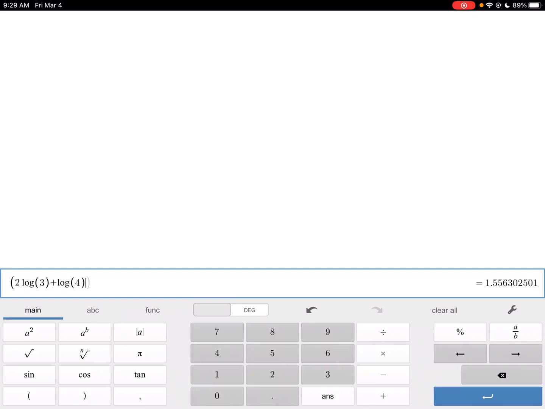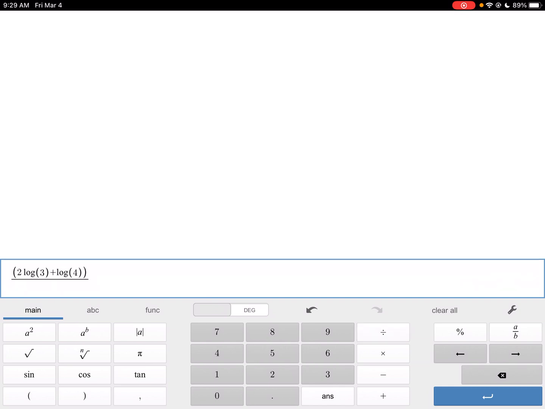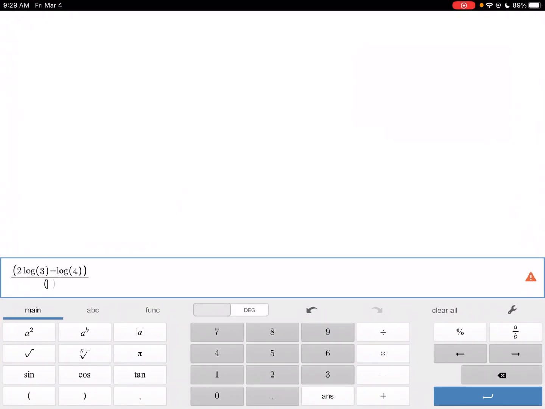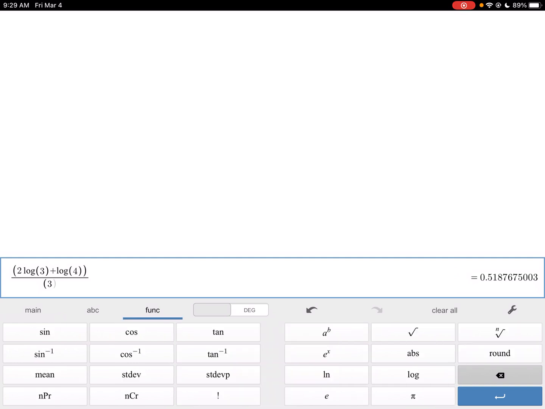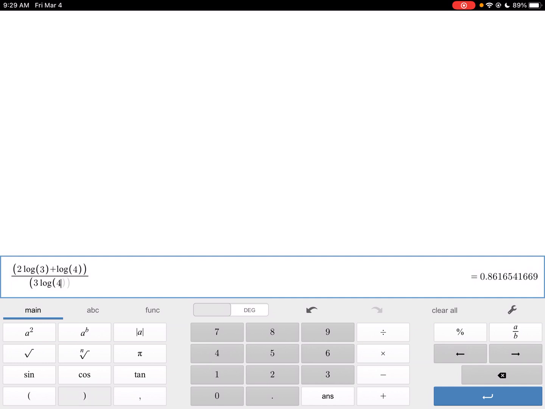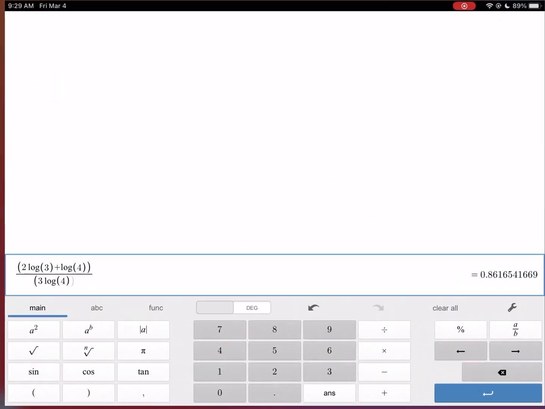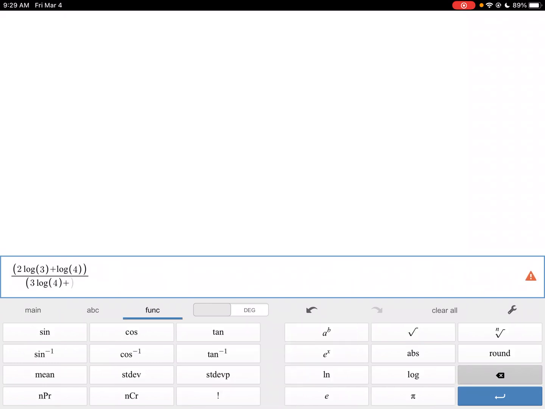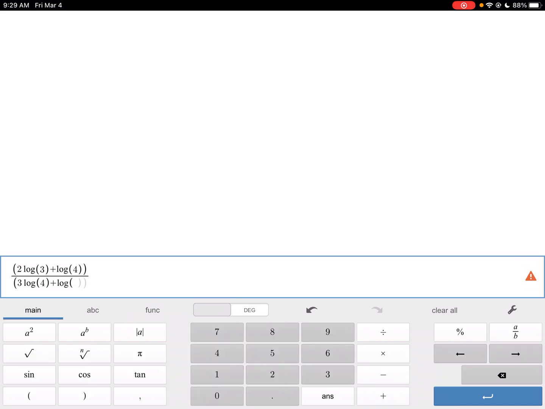And then I'll close that parenthesis. And I'll divide that by, and I got 2 terms, so I'll use parentheses there. I'm going to go 3 log 4 plus log of 3. That's kind of a boring part, isn't it? And there's my answer. So my answer is about 0.68.